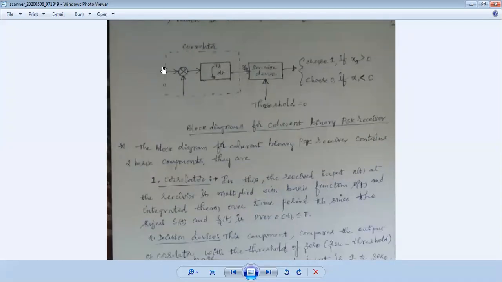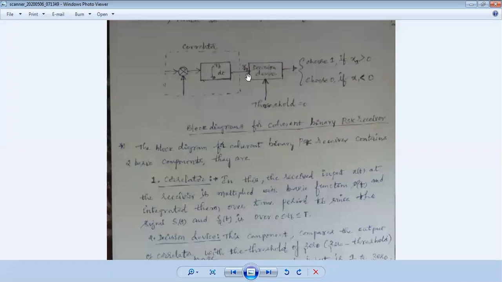That means we are making the necessary requirement to analyze the received input with the help of the basis function, and this is multiplied over the time duration. So whatever signal comes, we get it in the form of x1. Now we need to detect whether the received bit is 1 or 0. The decision device is a simple electronic circuit with a threshold voltage of exactly 0.